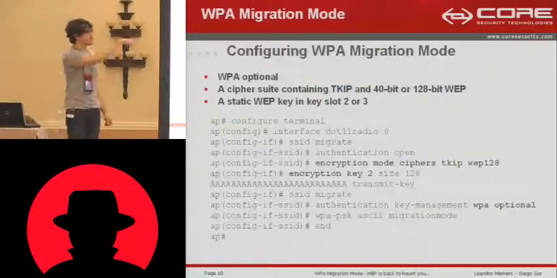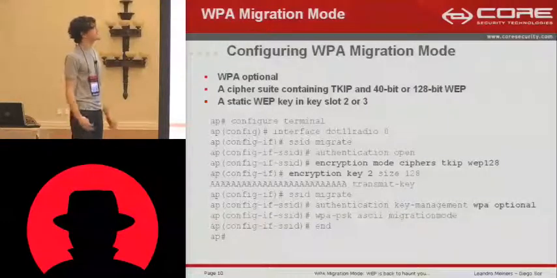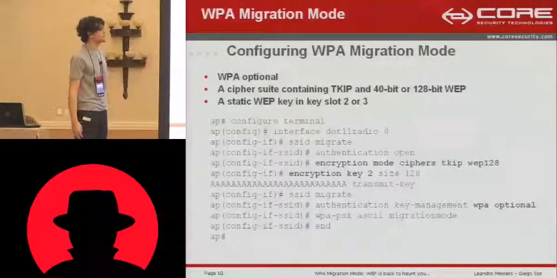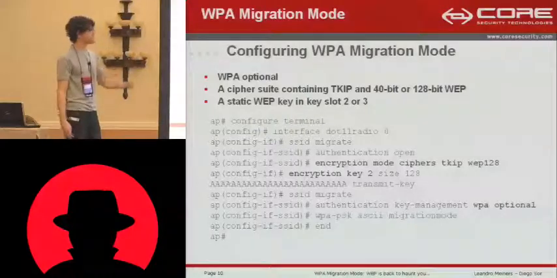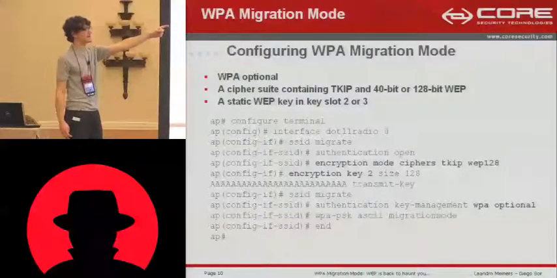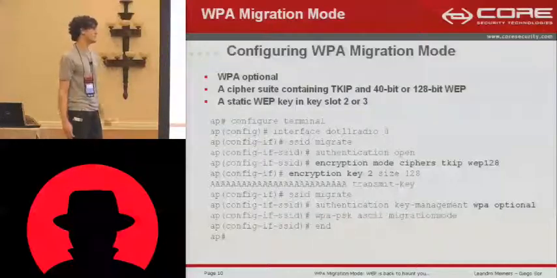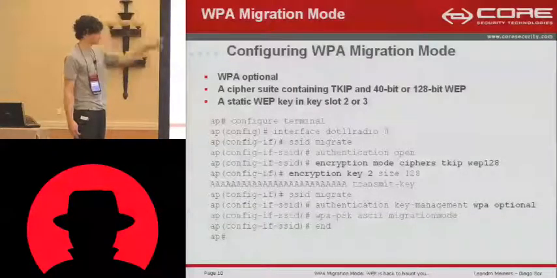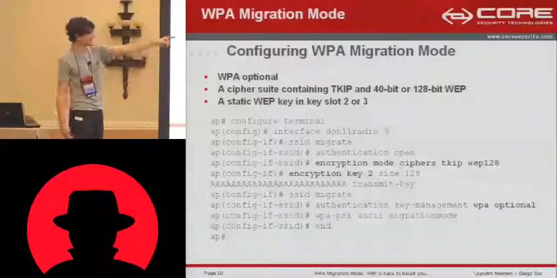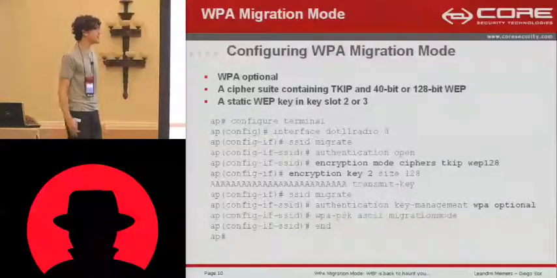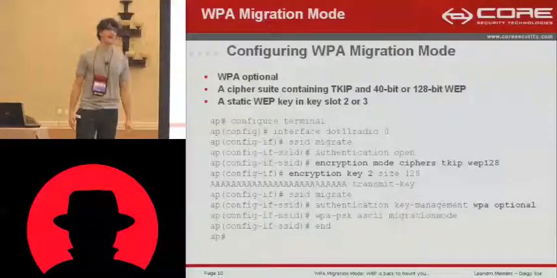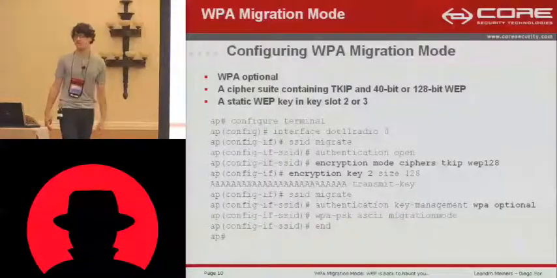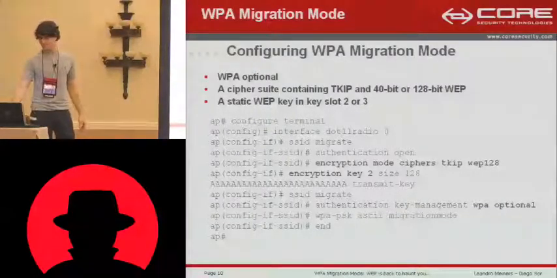Then we have the capture of the terminal, where we configure the AP. You see that the encryption mode ciphers are TKIP and WEP 128 bits. The encryption key is in slot 2, and the key is here, the SSID, and then you see the authentication key management as WPA optional, because this is a requirement for the AP to work.